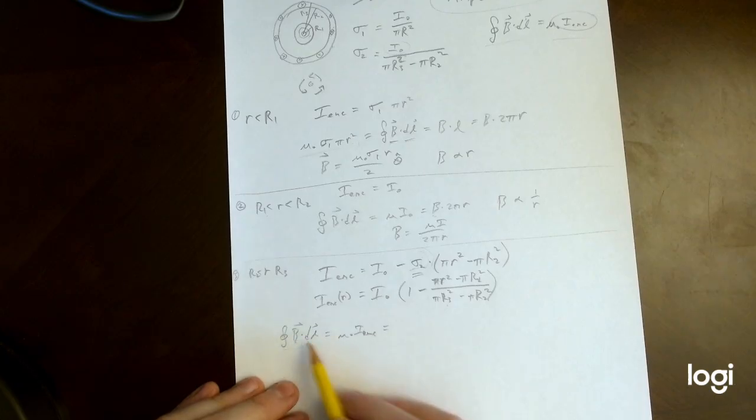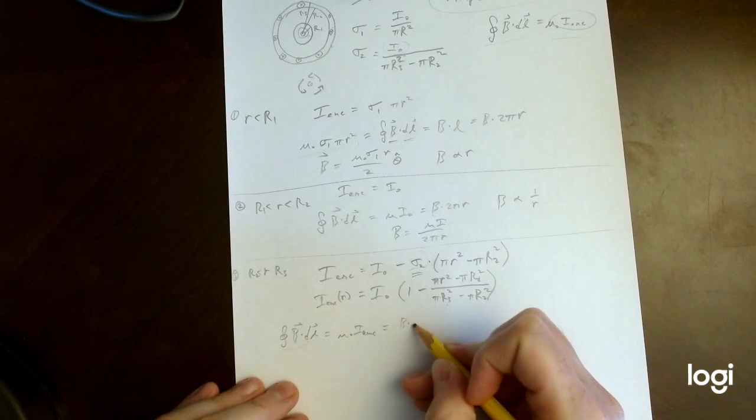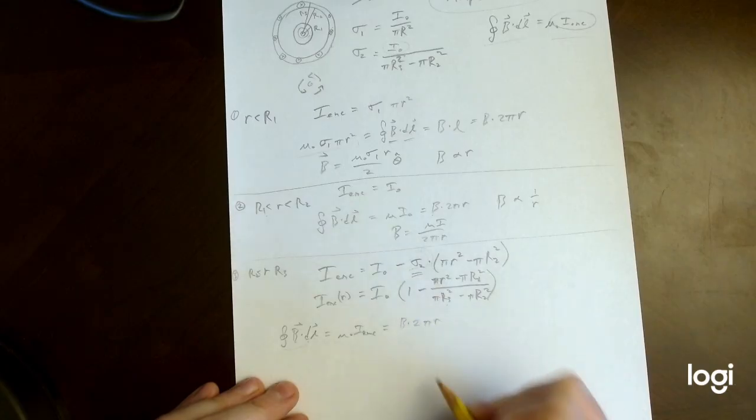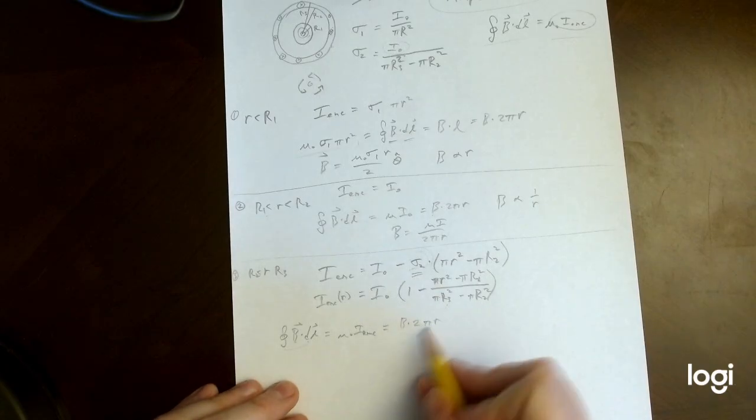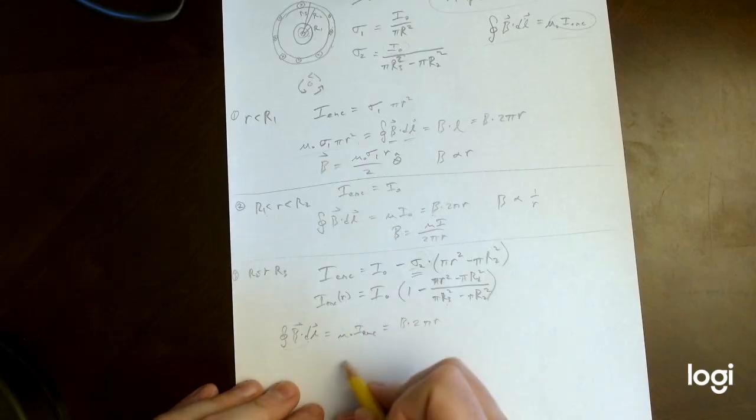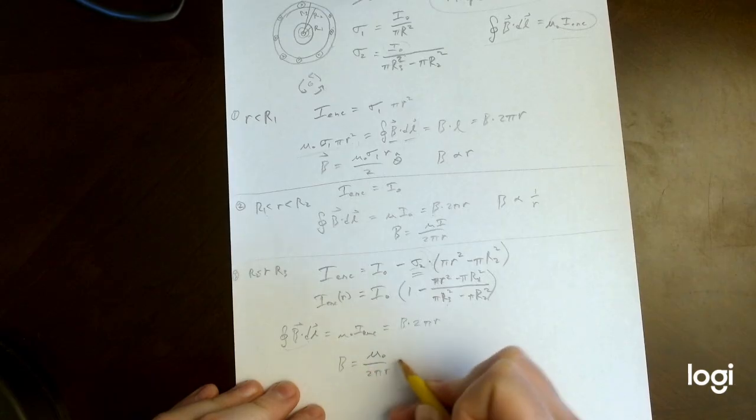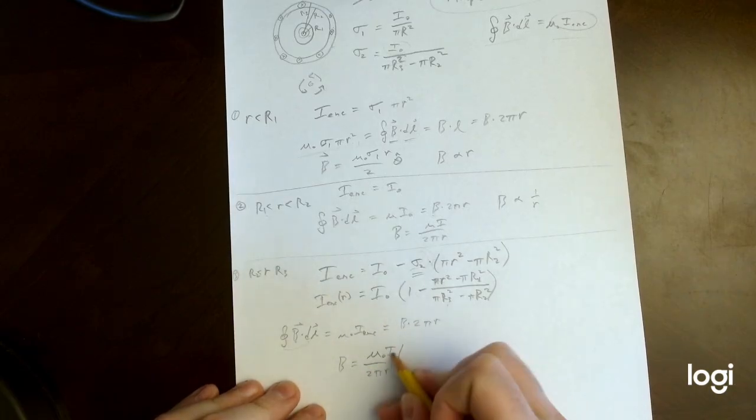And so we can still do this same trick of saying the magnitude of B times 2 pi r circumference, and then solve for B, and let me write this out. We got mu naught over 2 pi r times all of this expression. I'll put the I naught here.